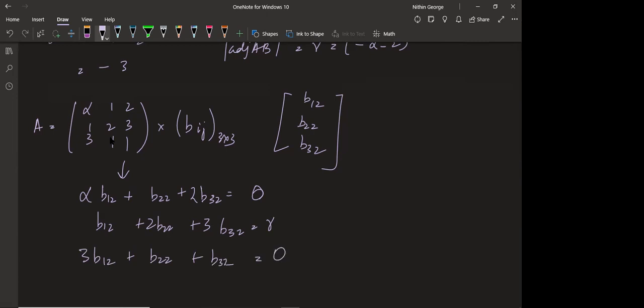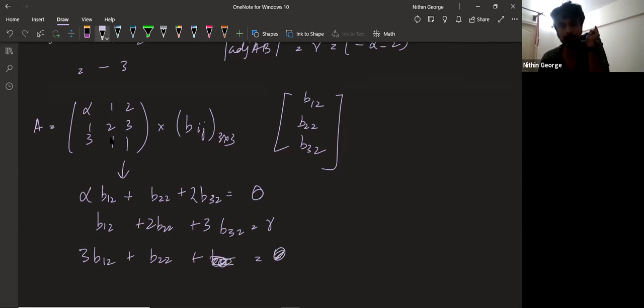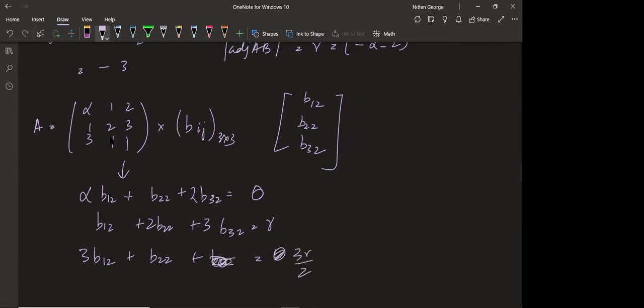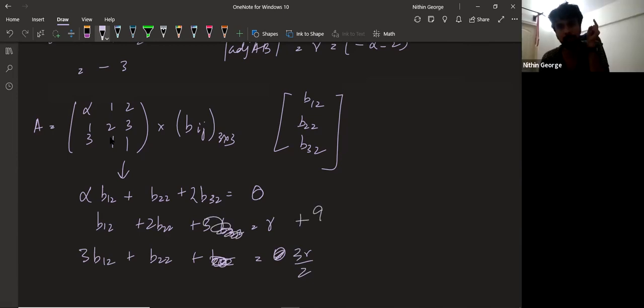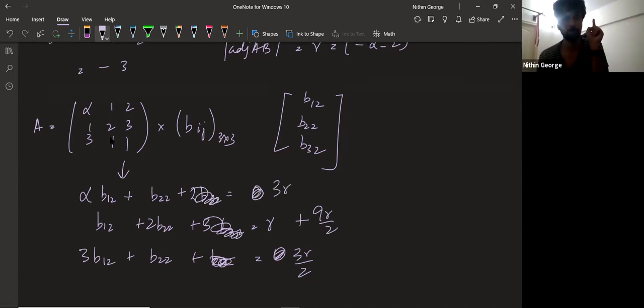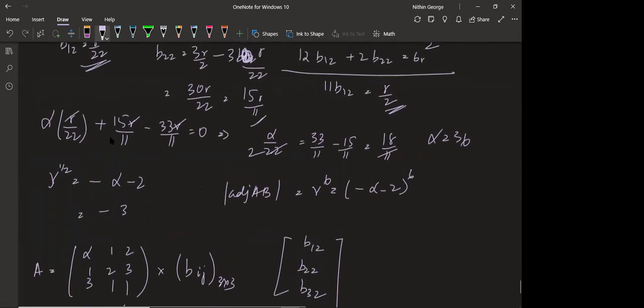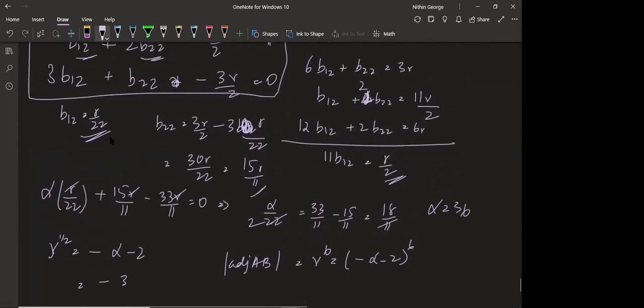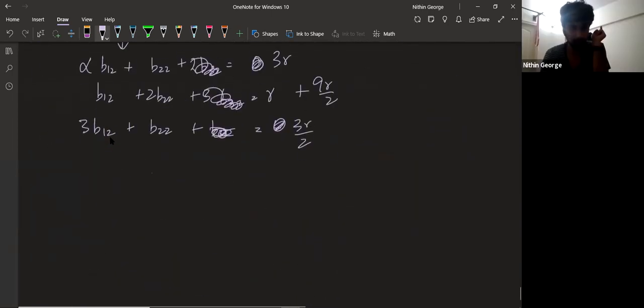And B32 is minus 3R by 2, so this comes here as 3R by 2, and this is minus 9R by 2, so this comes here as 9R by 2. This is 3R. Did we use the same equations? We'll try again. Still somewhat hopeful.